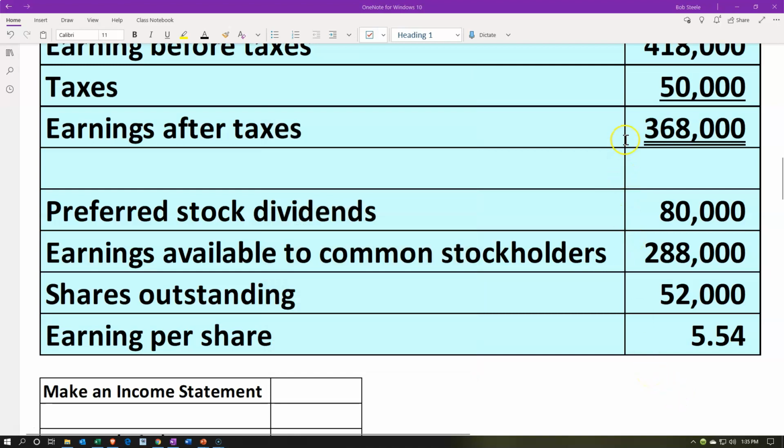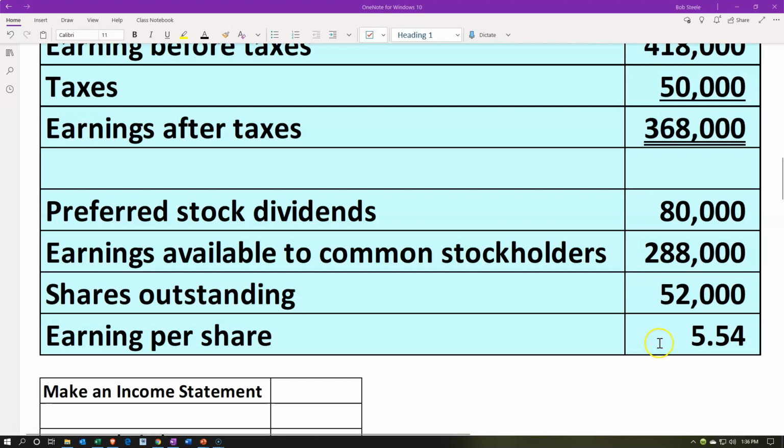So once again, earnings minus what we have to pay to the preferred stockholders gives us what we can allocate to what we think of as general owners, that being the stockholders, divided by the shares, not representing 52,000 owners, but representing 52,000 shares, 52,000 units, kind of like dollars being a unit of value, single units of which people could own multiple units.